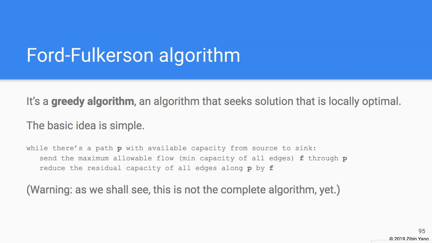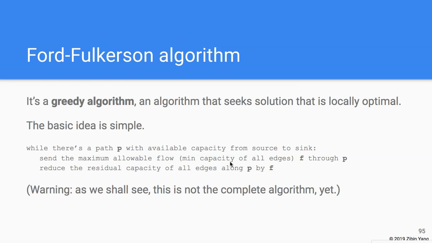So the algorithm runs in a loop, just like most algorithms. And what it's doing is that it tries to see if there is any path with available capacity from the source to the sink. And as long as there is such a path, then it will figure out what is the maximum allowable flow through this path.